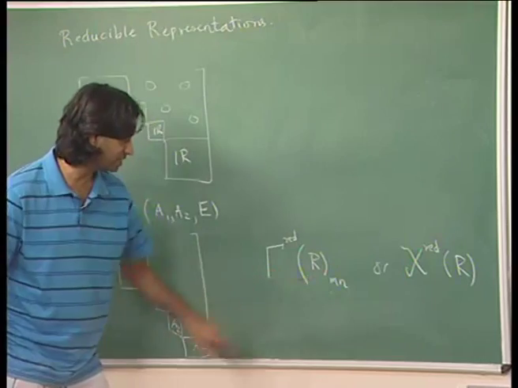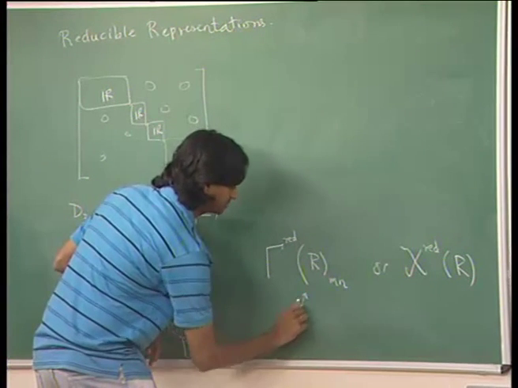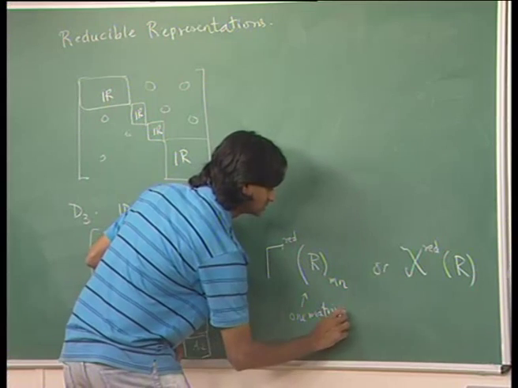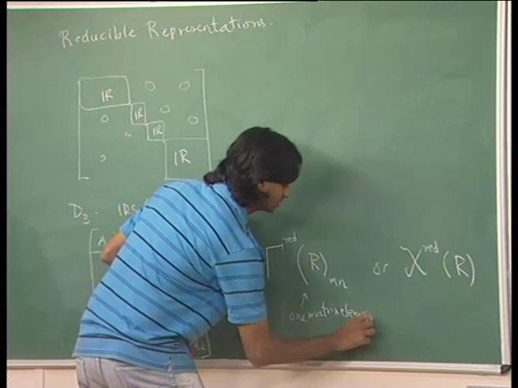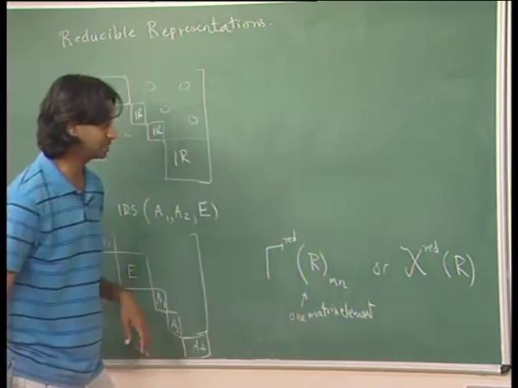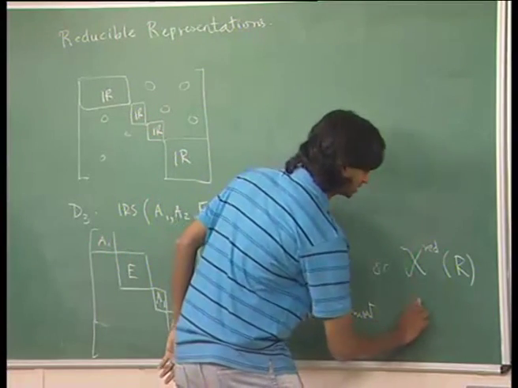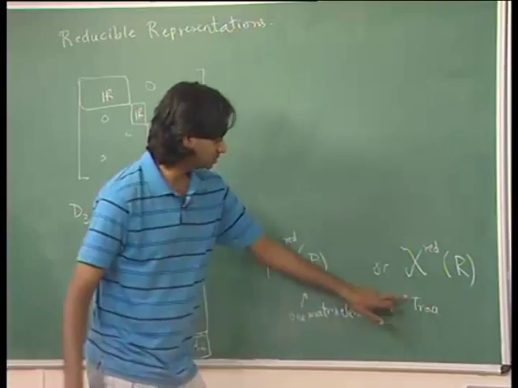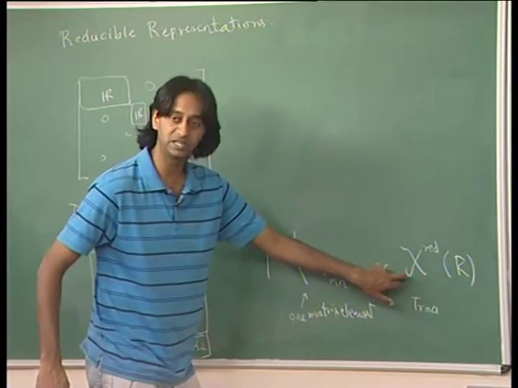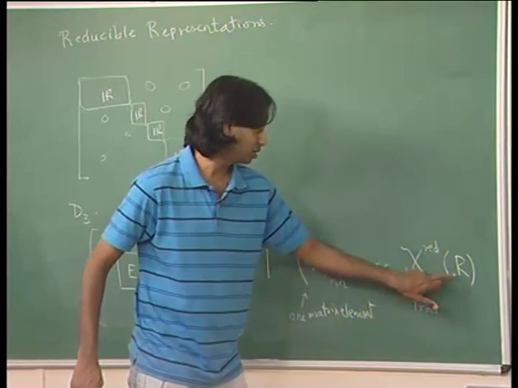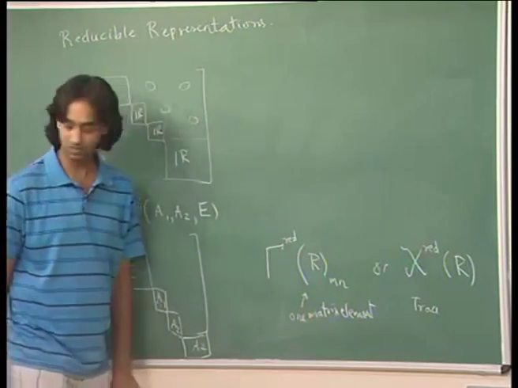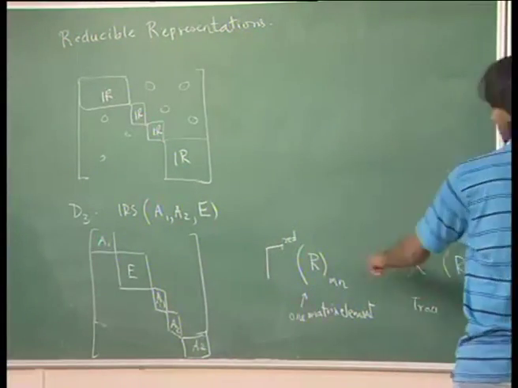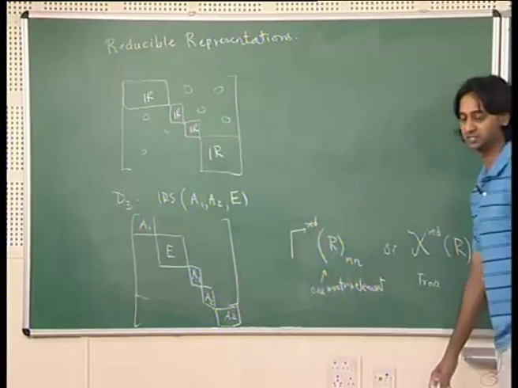Okay, so, this is one matrix element, this is the mth matrix element. This is the character or the trace of the matrix corresponding to the reducible representation of operation R. Okay. So, how is this related to the trace of the irreducible representations?